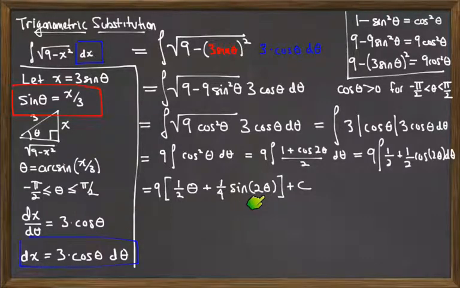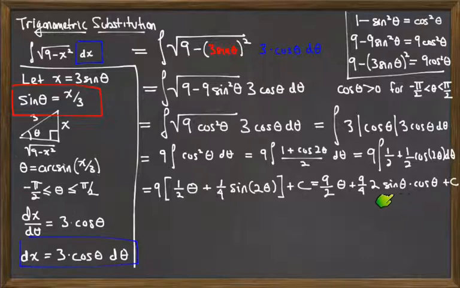So I'm going to need to use a double angle identity for sine so that I can figure out how to back substitute using the triangle. So I have 9/2 theta, and then it's going to be 9/4. I'm distributing the 9 through. And then the sine of 2 theta is 2 times sine of theta times cosine of theta. That's the usual double angle identity for sine.